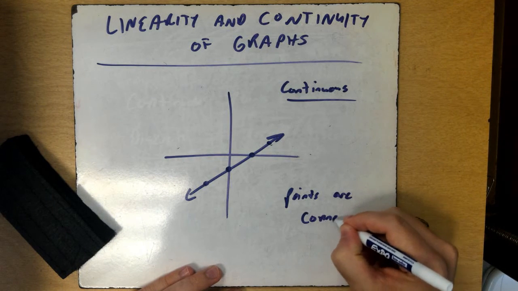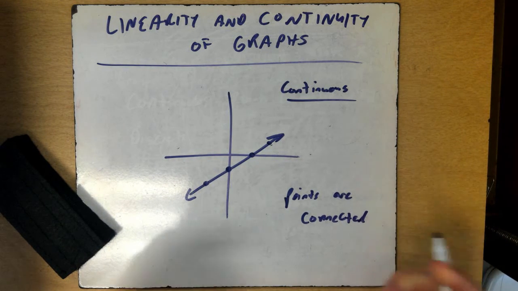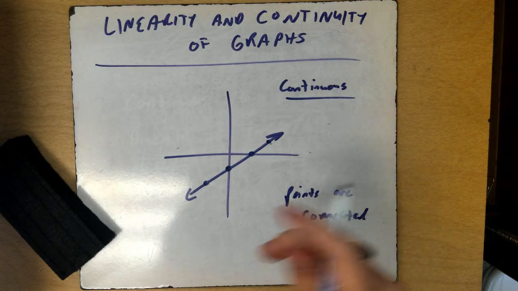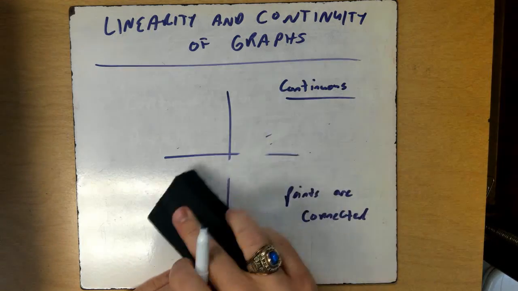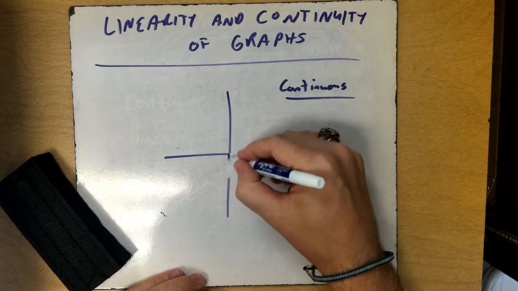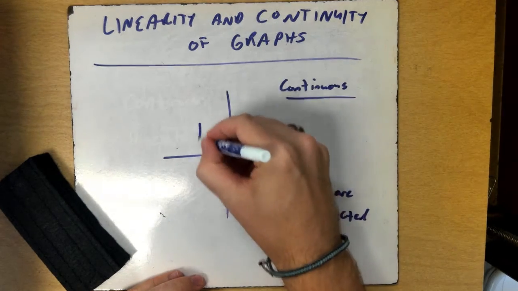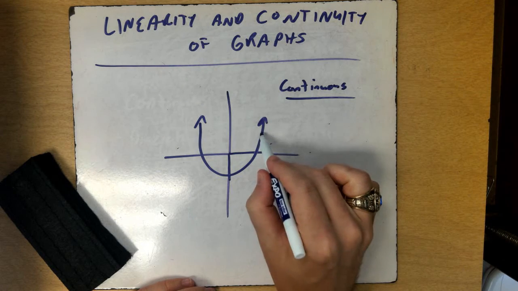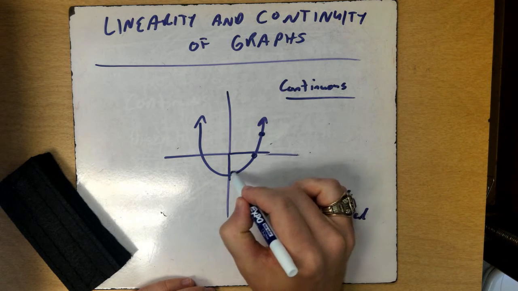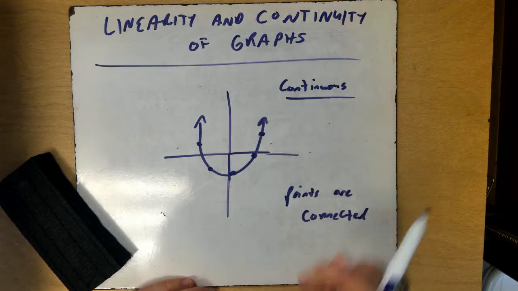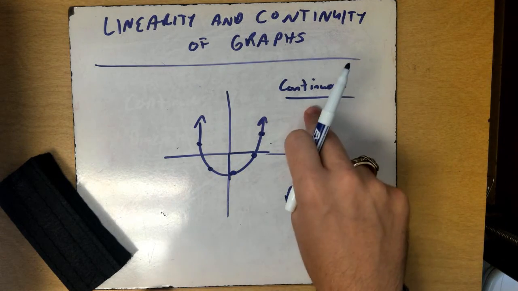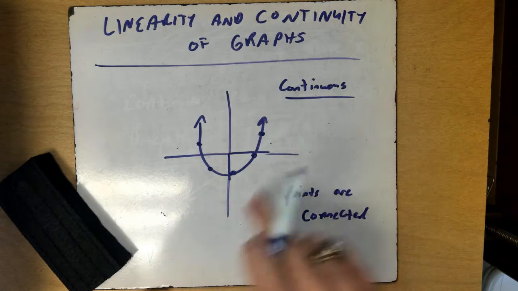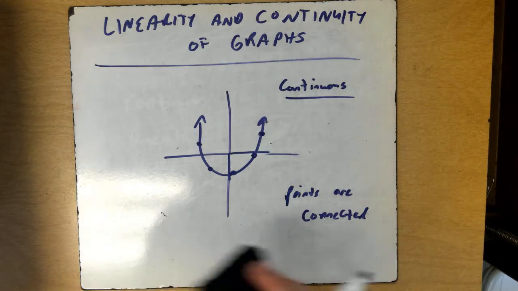And that also goes for a curve as well. It doesn't have to be just a line. It could also be a curve. So you could also have something like this. You still have all the points on this graph connected in a curve, okay? So points are connected. That would be a continuous line. It continues as one line, right? Pretty simple, okay?